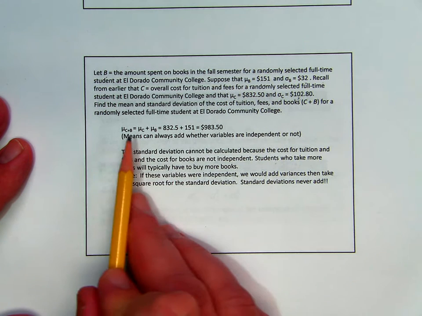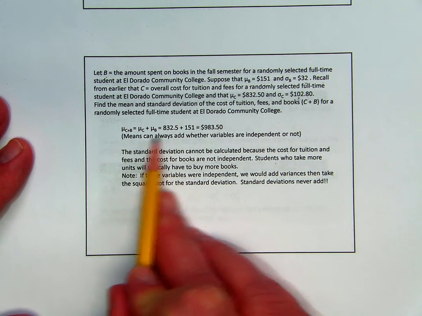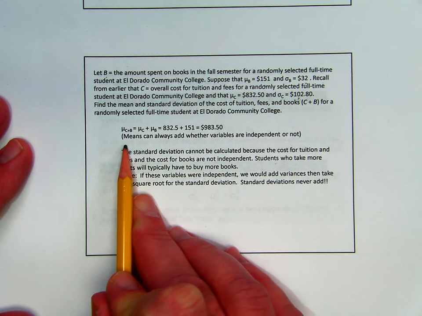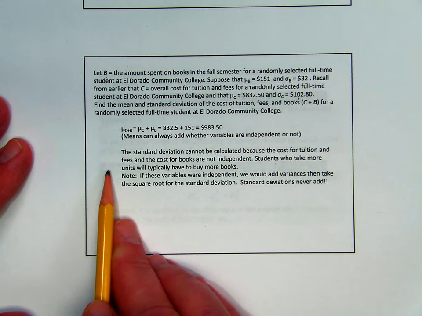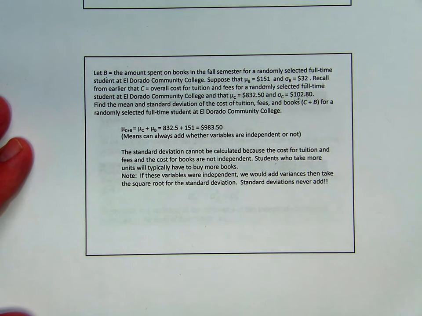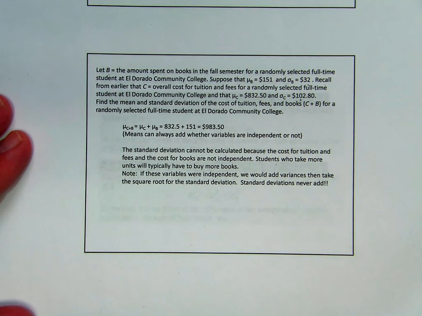So the mean of the sum is the sum of the means. Okay, you can always add means regardless if your two variables are independent or not. That's always valid. But when it comes to the spread, number one, you can never add standard deviations. You can add variances if the independence assumption is met.